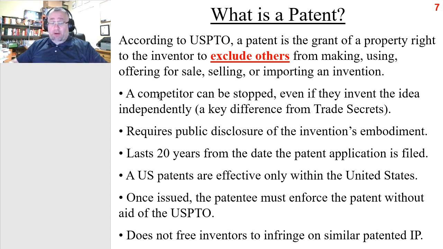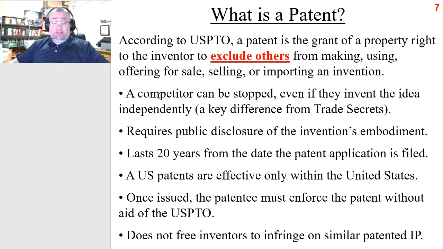Now, in theory, if you hold a patent, you're called a patentee, and you can stop a competitor from commercializing a technology that infringes upon your patent, even if they come up with the idea independently. This is the key difference between trade secrets and patents.